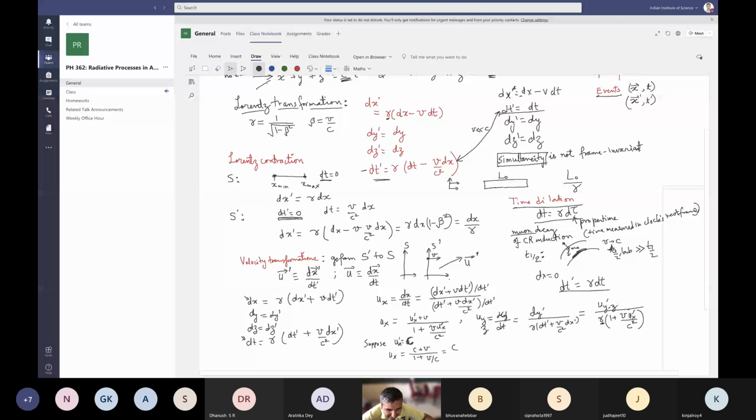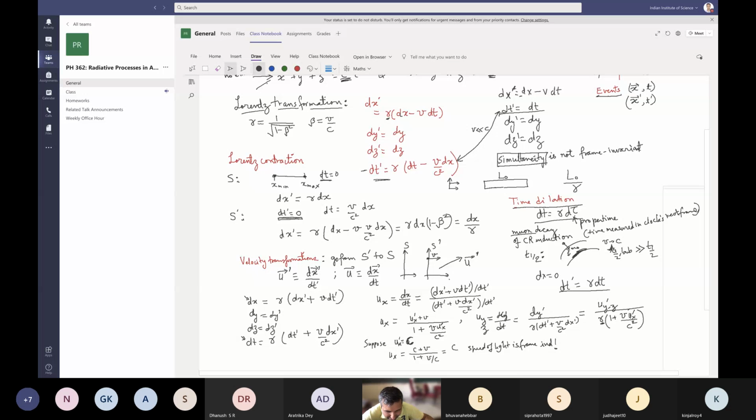So this manifestly tells us that the speed of light is frame independent, right? This had to be true because Lorentz transformations were constructed in order to satisfy the second principle of relativity.